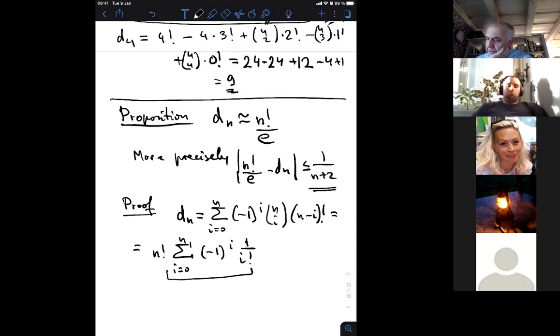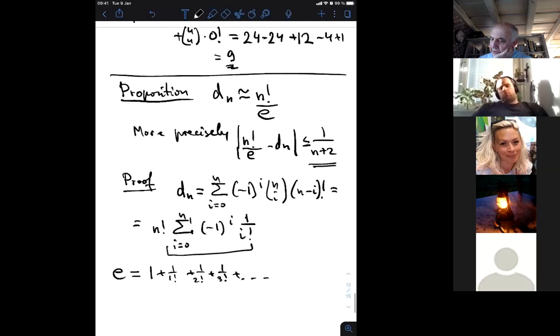Recall that there is a formula for e, which is 1 plus 1 over 1 factorial plus 1 over 2 factorial plus 1 over 3 factorial, and so on.